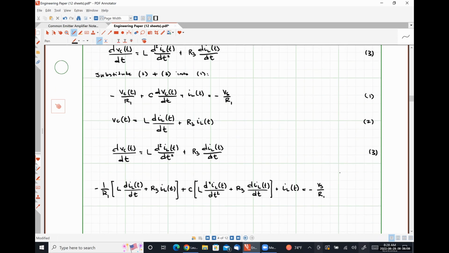And all I'm going to do now is rearrange some things.